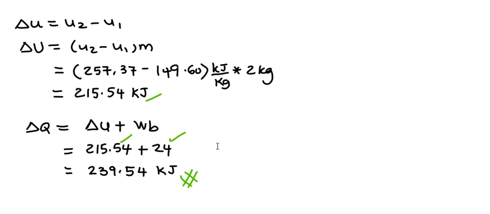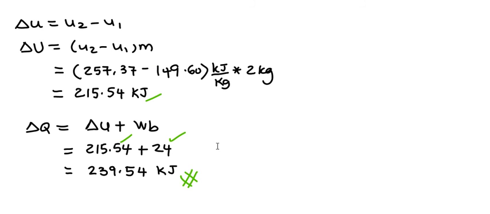For V2, the specific volume is 0.12 and it's superheated. So you go to pressure of 0.2 megapascal and look for 0.12, and 0.12 is between 0.11874 and 0.12322.